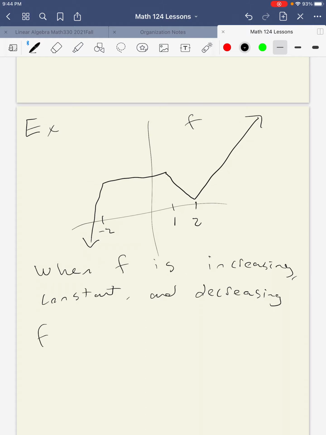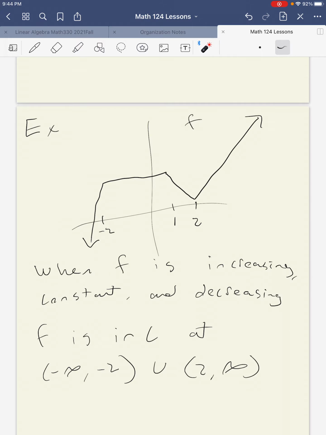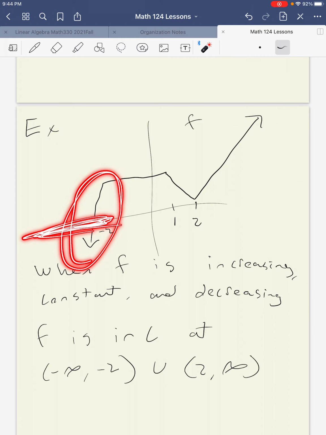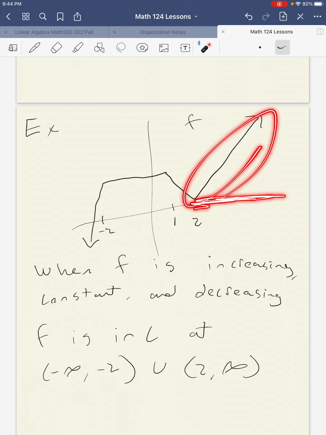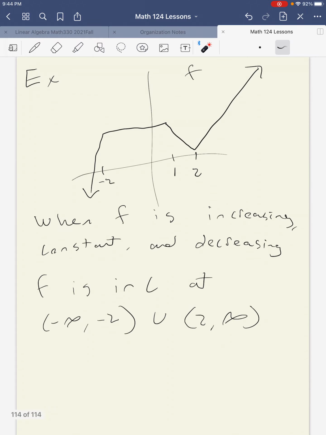So f is increasing at negative infinity to negative 2, or from 2 to infinity, and you can see that from the graph. When x is negative infinity to negative 2, the corresponding graph is increasing. When x is 2 off to infinity, the graph is increasing. f is constant at negative 2 to 2.